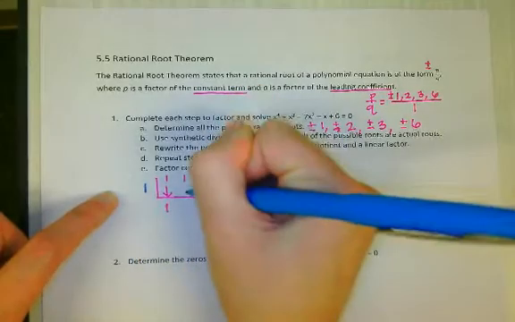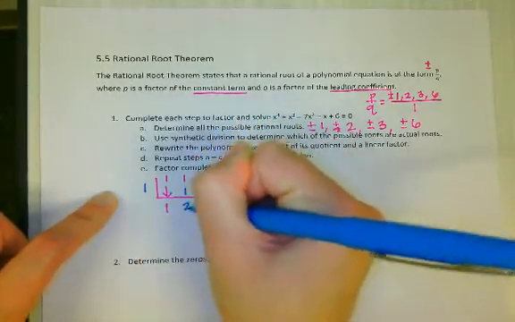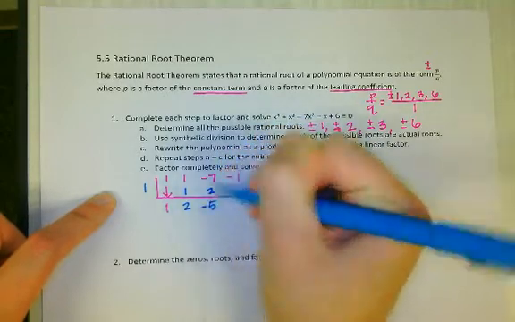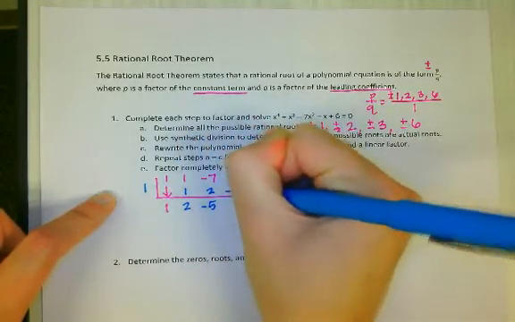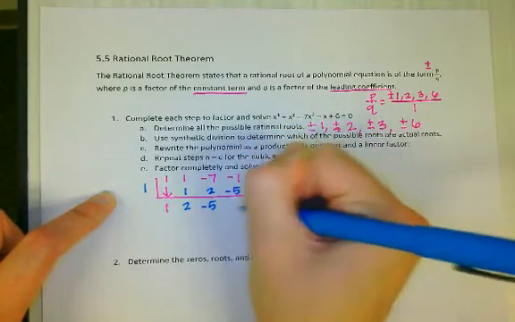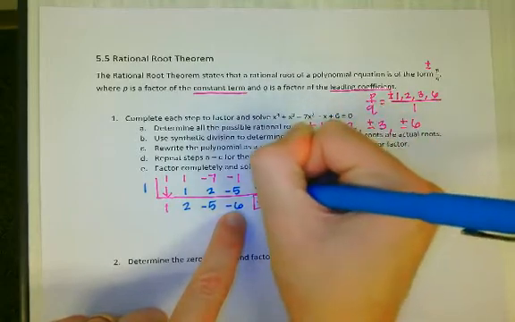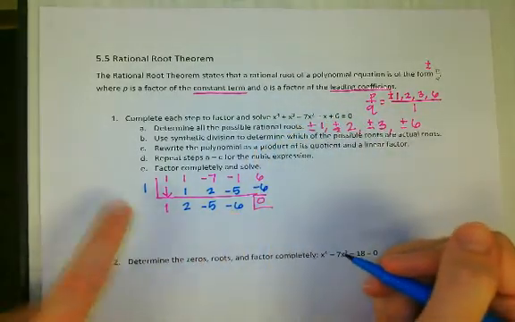So let's see. 1 times 1 is 1, add straight down. 1 times 2 is 2, add straight down. 1 times negative 5 is negative 5, add straight down. Woo, we got lucky. 1 times negative 6 is negative 6.